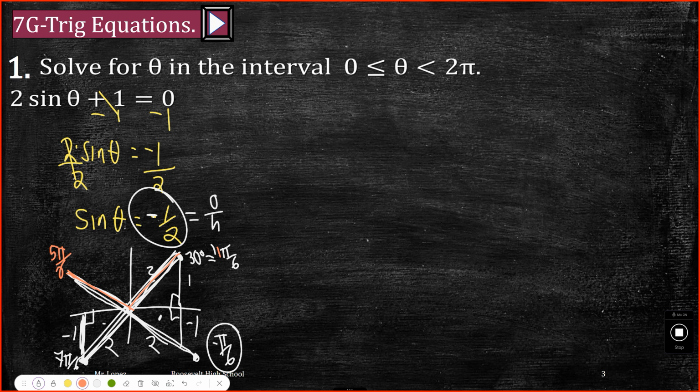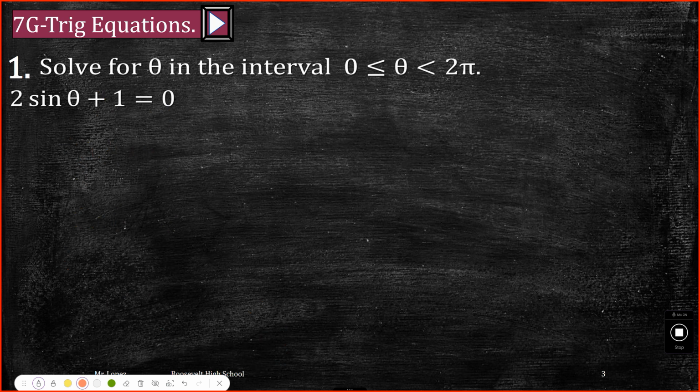But then to get to this one, it'll be 6 plus 5 is 11 pi by 6. They're both the same thing. Negative pi by 6 is the same as 11 pi by 6. Negative pi by 6 because I went down, and 11 pi by 6 going around. But they're both the same. You're going to write down one of them, not both, because it's just one. All right, that's the idea.